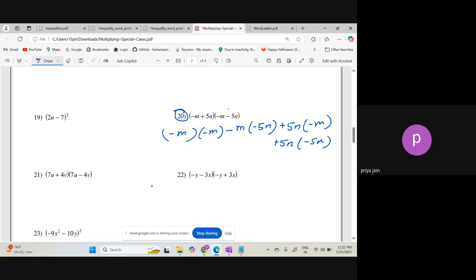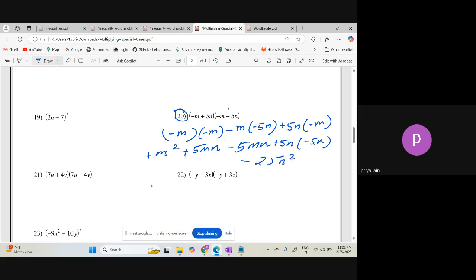Now negative, negative, positive, and n squared. Then negative, negative, positive, 5 and n. Then positive, negative, negative, 5 times 5, 25, n times n squared.